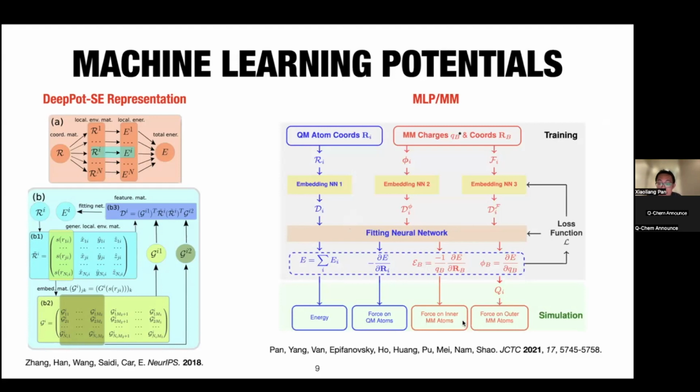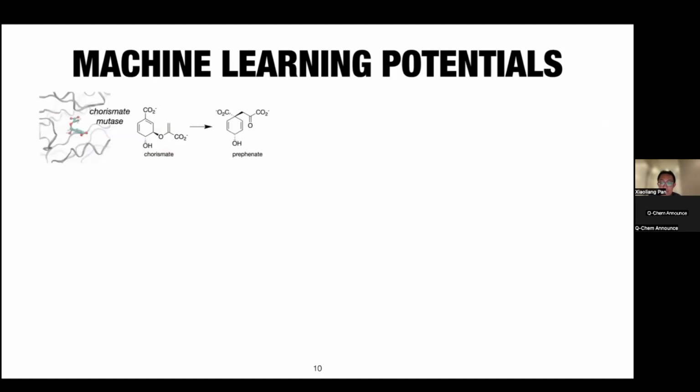And we use QMHub to prepare this as training data. After the training is done, we'll use this on-the-fly mechanism to evaluate the same terms for future MD simulations. So this is also enabled by QMHub.